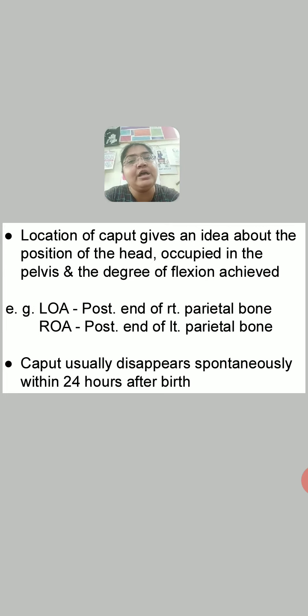This is not the usual sign, right? So with increasing caput without progressive cervical dilatation, labor is not progressing, you have to send the patient for cesarean section. Normal delivery is not possible, or it becomes difficult, rather you can say, because caput increases the size of the fetal head slowly and slowly, so it makes the labor more difficult, right?